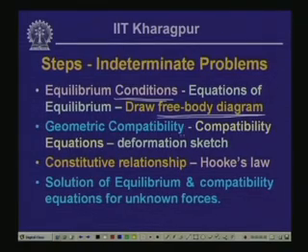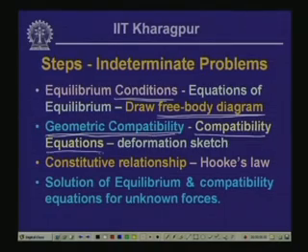Secondly, the second step is this: if the system is statically determinate, then from the equations of equilibrium we can solve the system, but if the system is indeterminate, then we need to write down the geometric compatibility, which gives rise to the compatibility equation. This compatibility equation can be arrived at if we draw an exaggerated sketch of the deformation pattern.